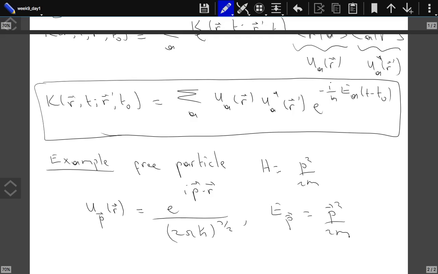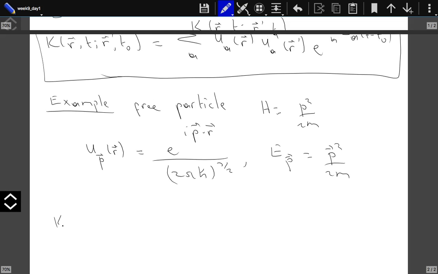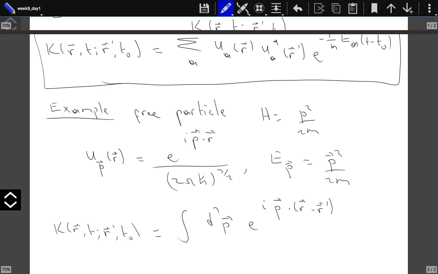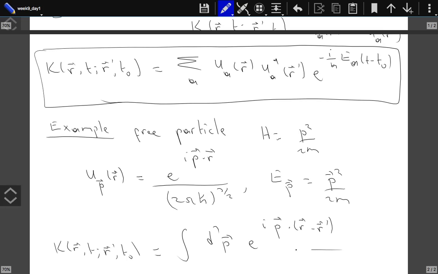Now we know the expression of our evolution kernel. Of course it's no longer a sum because the energy eigenvalues are no longer discrete, so we have to replace it with an integral: d^3p, e to the power i p dot (r minus r prime), over (2 pi h bar) cubed.